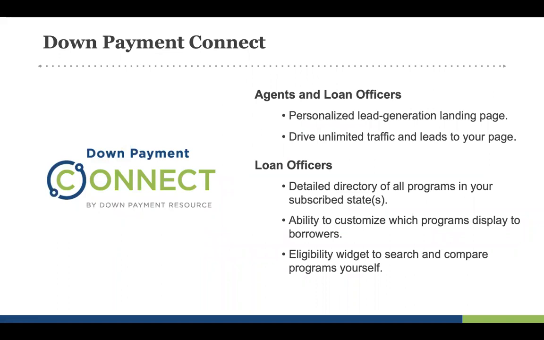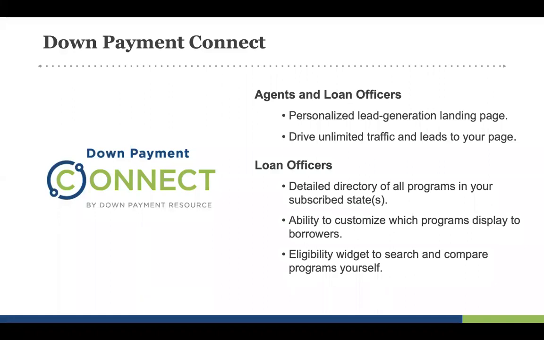One of the tools we offer to both real estate agents and loan officers is called Down Payment Connect, which is, for the individual agent or loan officer, a down payment search page where the consumer can come find down payment help where they want to buy. They're not going to get all the program details and information. They're going to connect with you first, hence the name of the product.